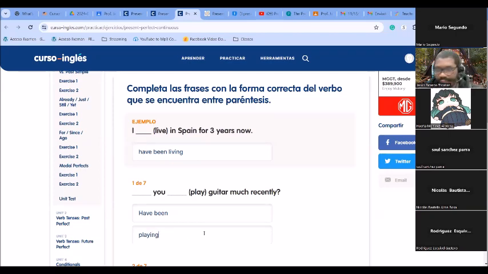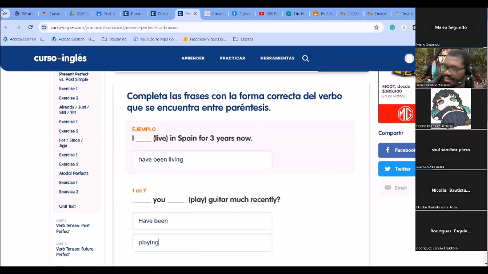Again. Full sentence. Okay, have you been playing guitar much recently? And be careful with the playing.